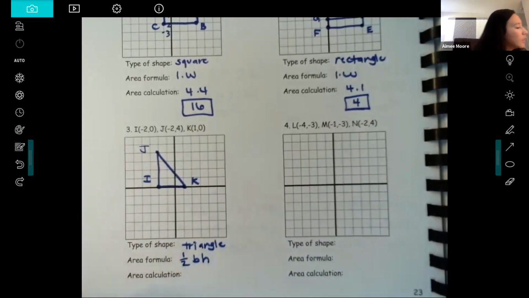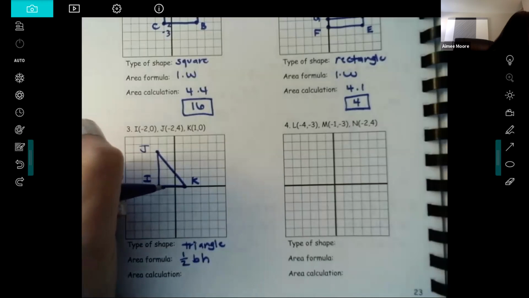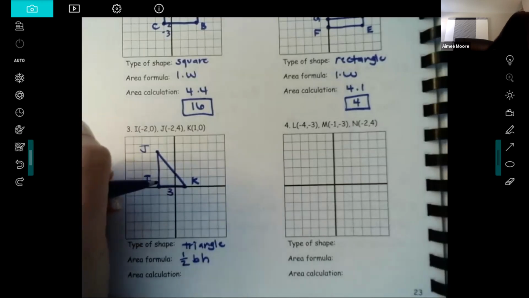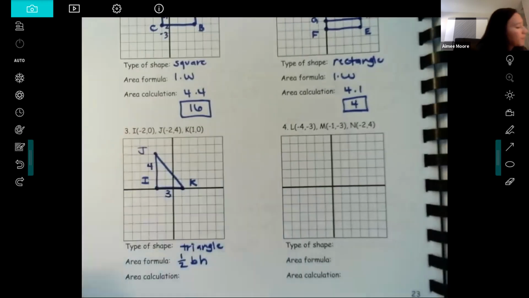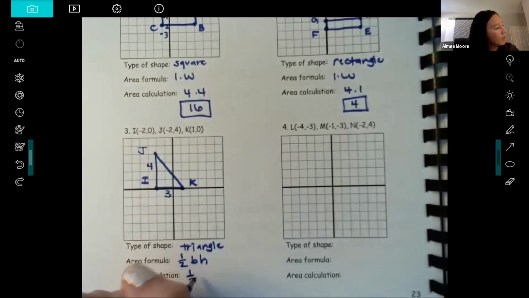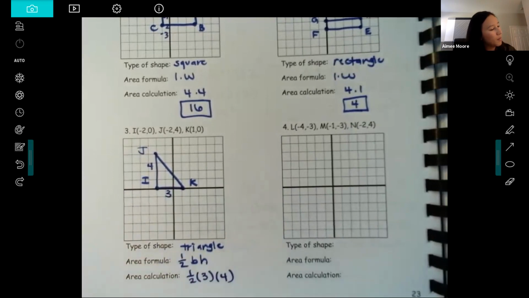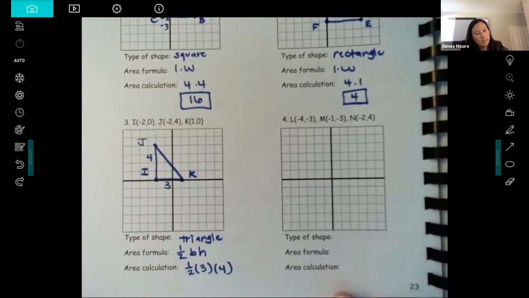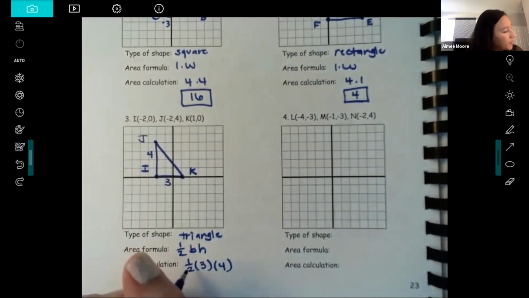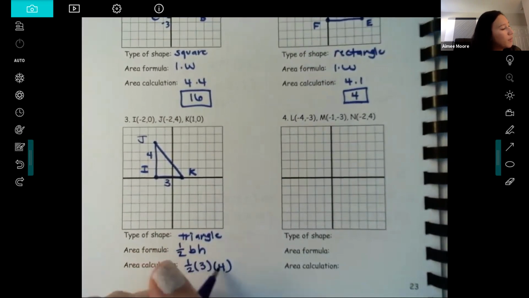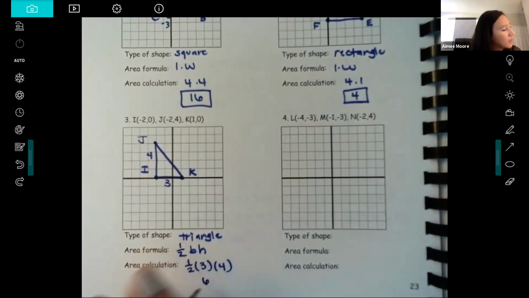And so let's see, our base is 1, 2, 3, and our height is 1, 2, 3, 4. So we do 1/2, our base is 3, and our height is 4. And so I would do 3 times 4 first, which is 12, and then cut that in half, which is 6.